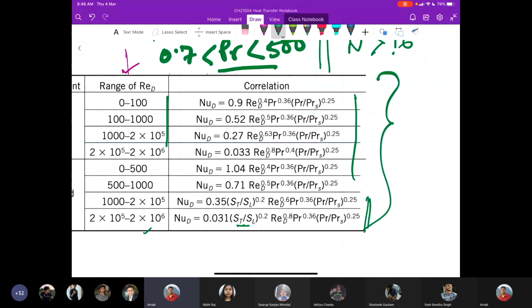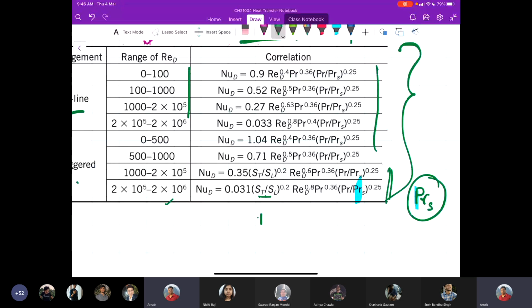Now in this case, all the parameters, all the properties, except the Prandtl number at the surface, are calculated based on the mean temperature, which is the inlet fluid temperature plus the exit fluid temperature of this whole arrangement, divided by 2.